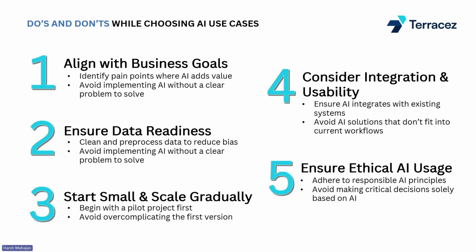It means that you should be very clear about what you want to achieve using Azure OpenAI or any AI solution. Okay, so avoid implementing AI without a clear problem to solve. You should be very precise in describing the problem. So this is the first and very important factor.